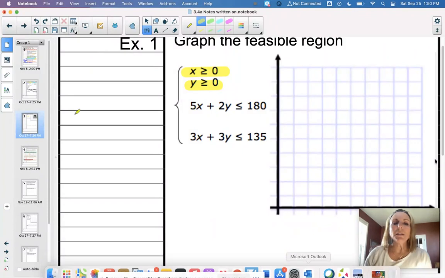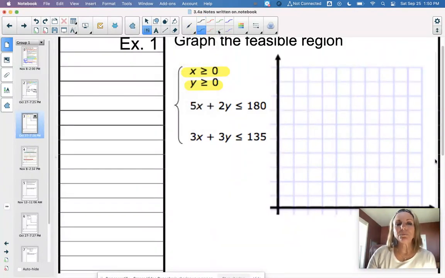So I'm about to teach you a new method for graphing a feasible region. So far, we have been putting lines in slope-intercept form, which is wonderful. But when the numbers are really large like this, it gets a little more difficult.